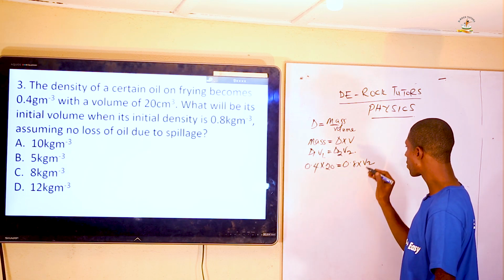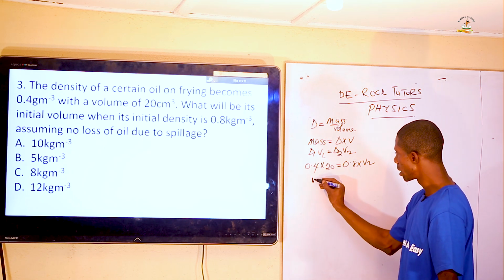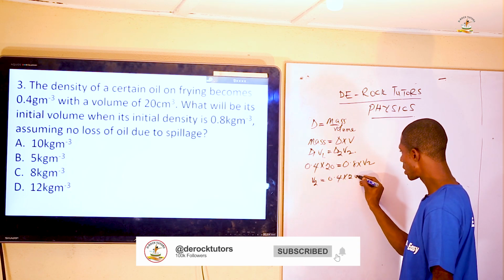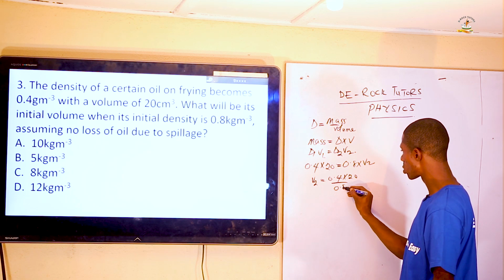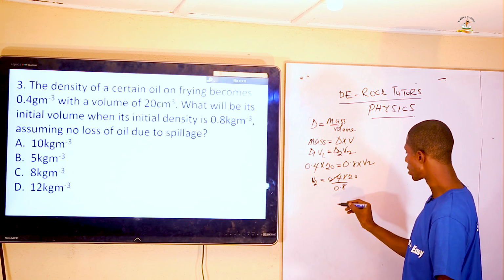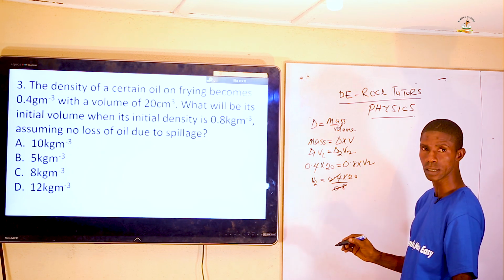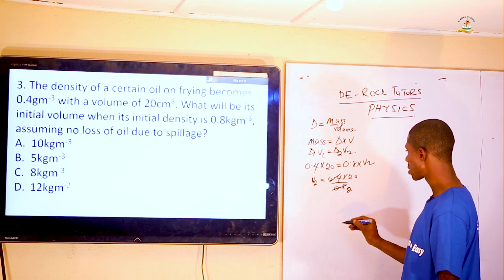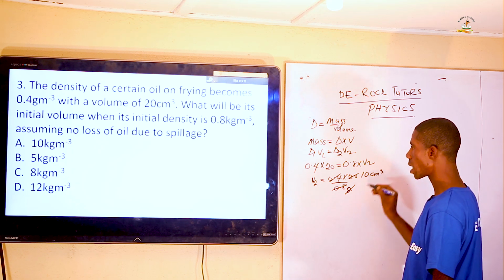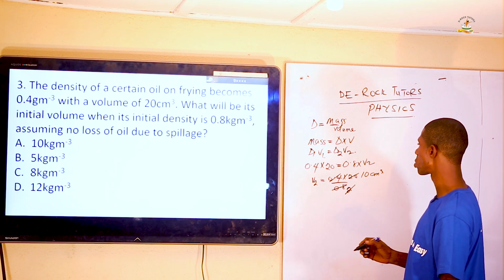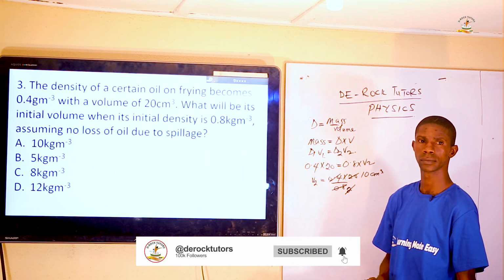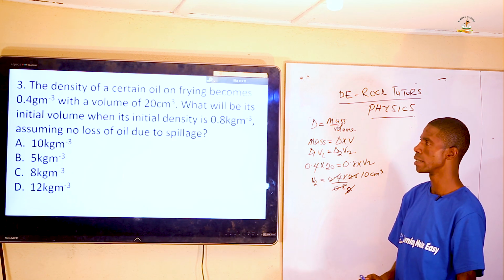So I want to make V2 the subject of the formula. So V2 gives me 0.4 multiplied by 20 over 0.8. 0.4 can go in 0.8, that will be 2 times. And 2 will go in 20, that is 10 times, in centimeter cube. So the answer to that question will be A. So A, next question.